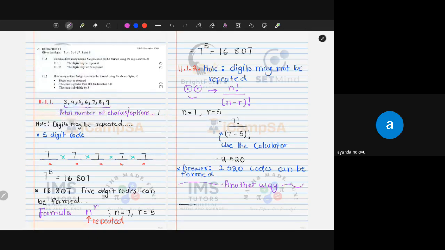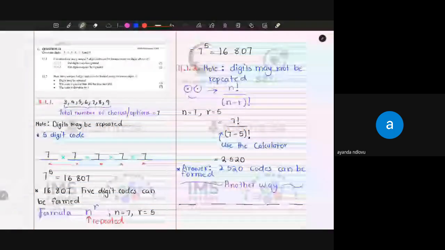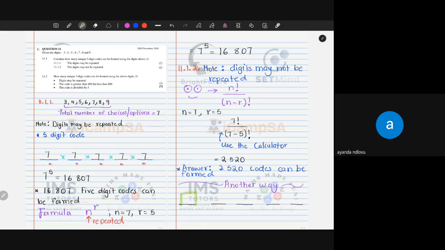So if I have 5 numbers like this, 1, 2, 3, 4, 5. If they don't allow me to repeat the digits, and I have 7 of them, the first number I'm going to choose from how many numbers, guys? Seven.